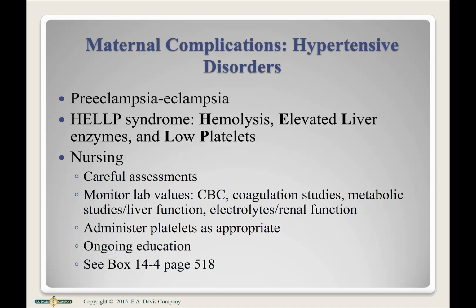We're going to look at our electrolytes to help us determine if we're now affecting our kidneys or having renal involvement. So we'll look at that as well. And if we are having problems with HELLP syndrome, with low platelets, we might have to administer platelets to manage this patient.